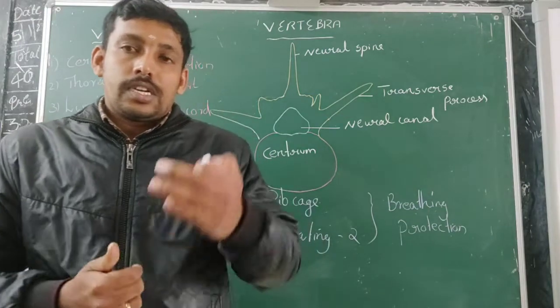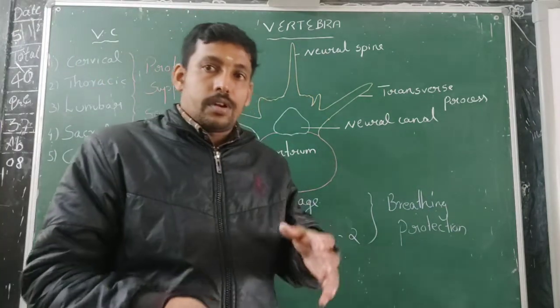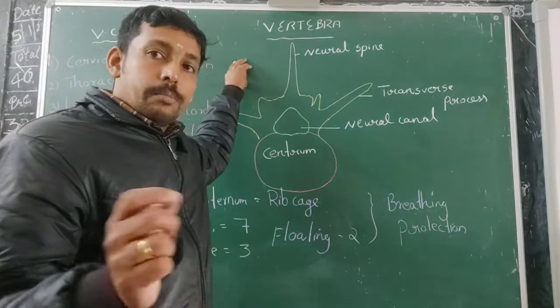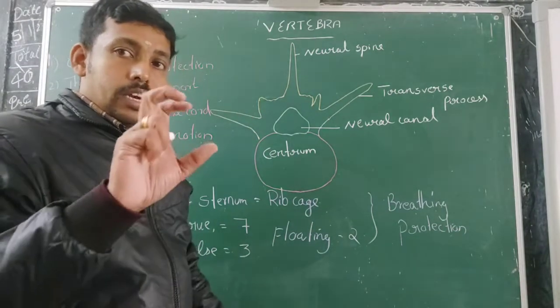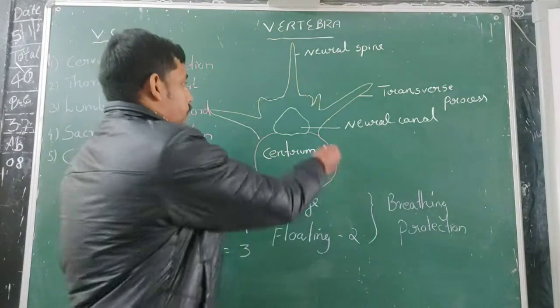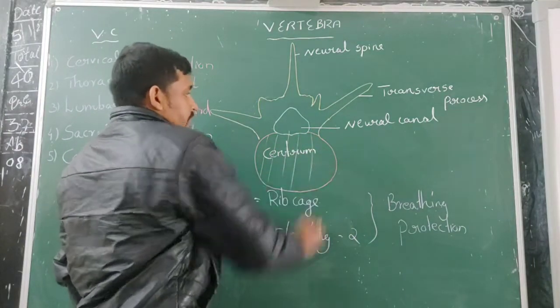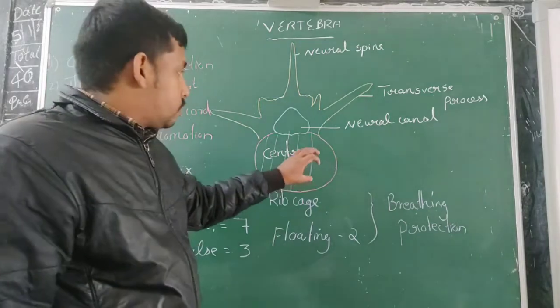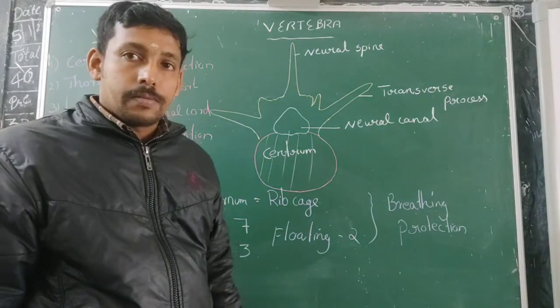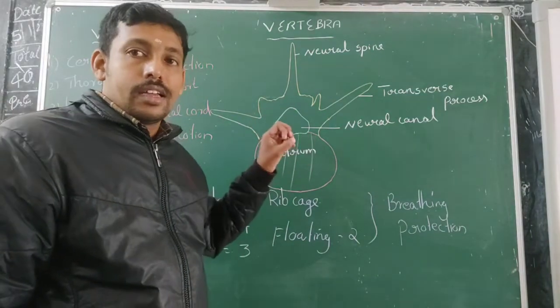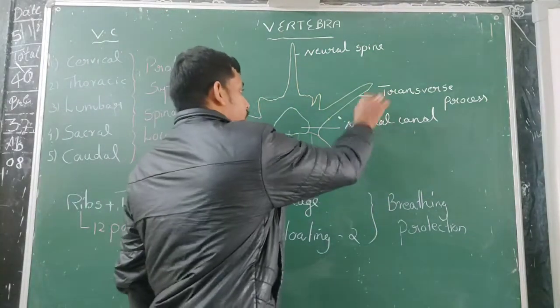So the structure of a vertebra. Here we can see the structure of the vertebra. It has a body, a cylindrical shaped body, that is known as the centrum. Just near that centrum there is a hollow space, a canal, that is known as the neural canal.